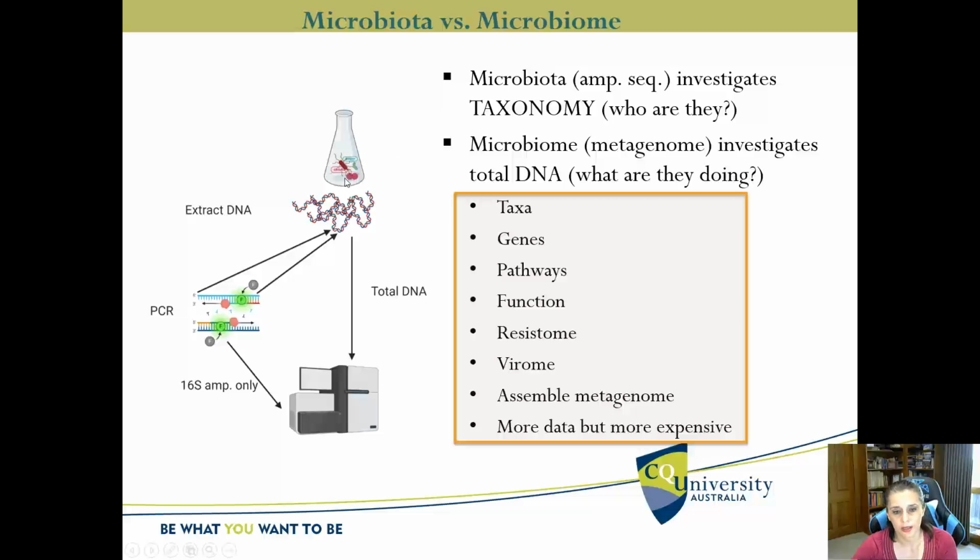But if we do this analysis, this pathway, we get taxonomy only, but we get deep taxonomy. If we go this way, we get all of these things, but our taxonomy is more shallow. But we're not picking only bacterial amplicons, which we amplified here. We're picking up helminths, we're picking up anything else.